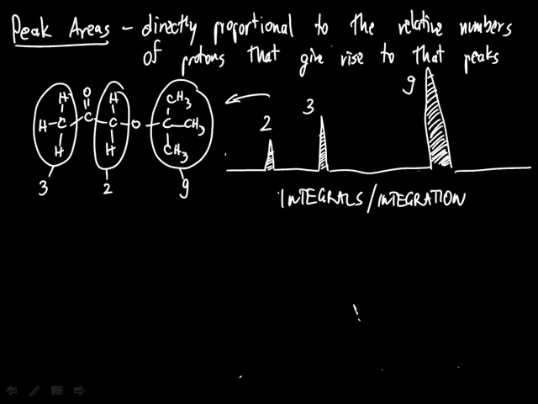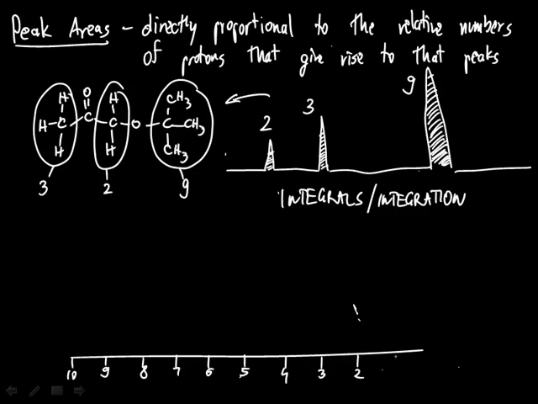The integration is typically provided automatically, and what we'll often see in an experimental NMR spectrum, going from 10 to 0, is one trace for the peaks, for the actual absorptions, and then another trace for integrals.